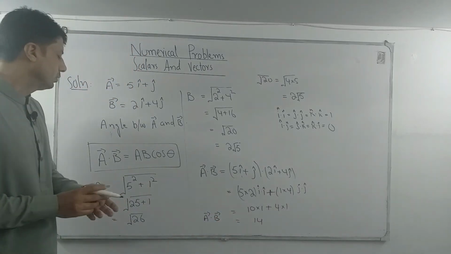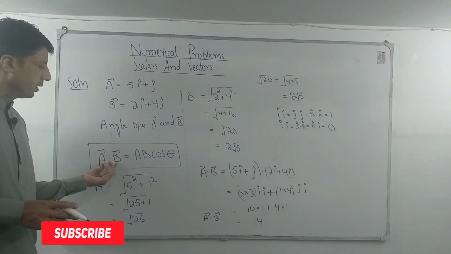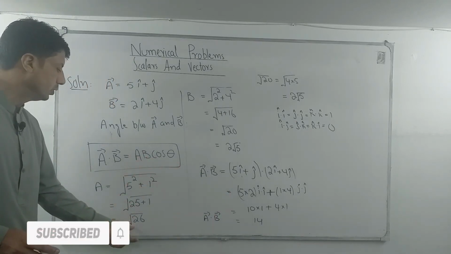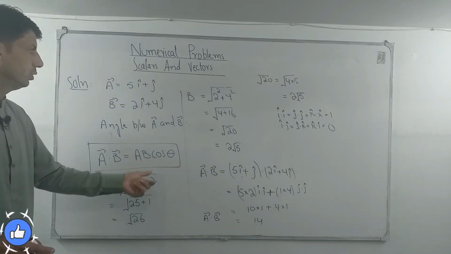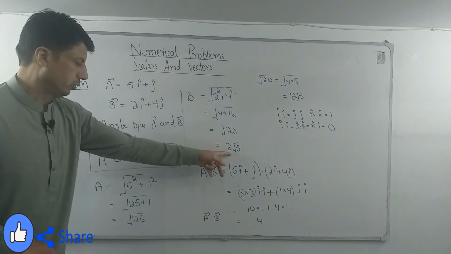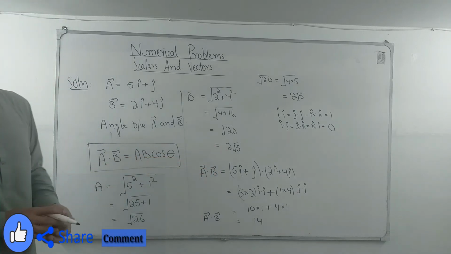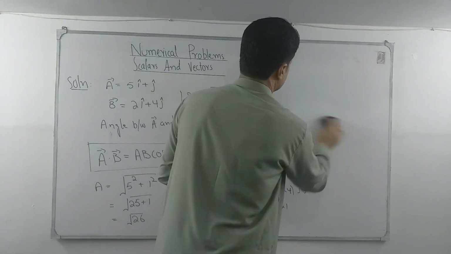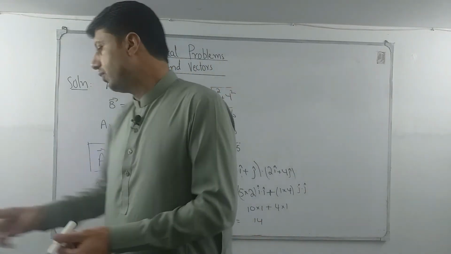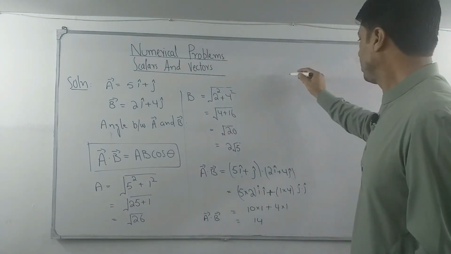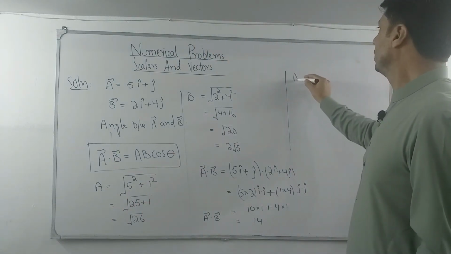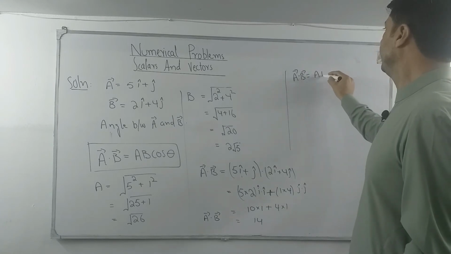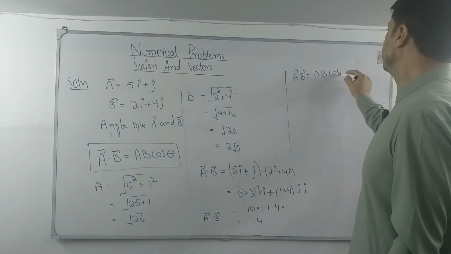Now we can put A dot B equal to 14, magnitude of A equal to under root 26, magnitude of B equal to 2 under root 5, and then we will get the value for theta. So the formula is A dot B is equal to magnitude A times magnitude B cos theta.